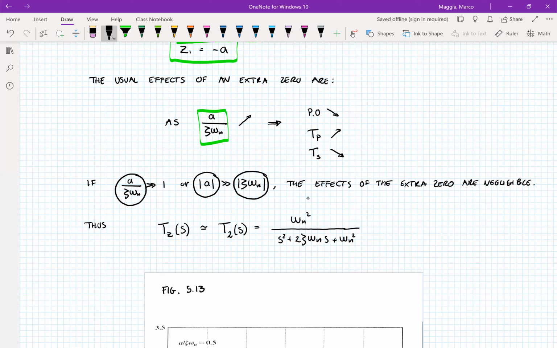So kind of similar to the last case that we saw. The effects of the zeros, in other words, are negligible if the zero is way to the left with respect to the dominant poles. So if the dominant poles are here, and if our zero is way to the left, then the effects, and these effects once again are on the percent overshoot, the peak time, and the settling time, can be neglected.